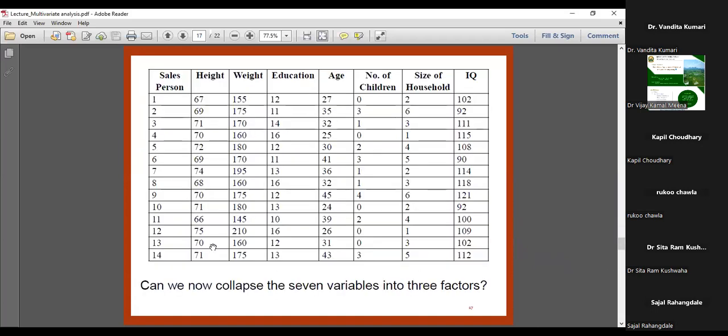I would like to share this data. Where can I share the data? Organizers, please help me.